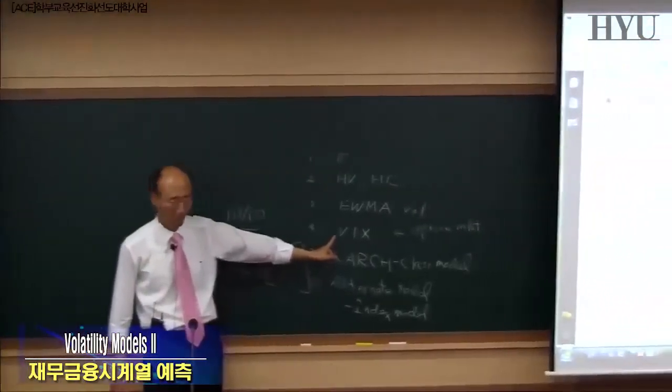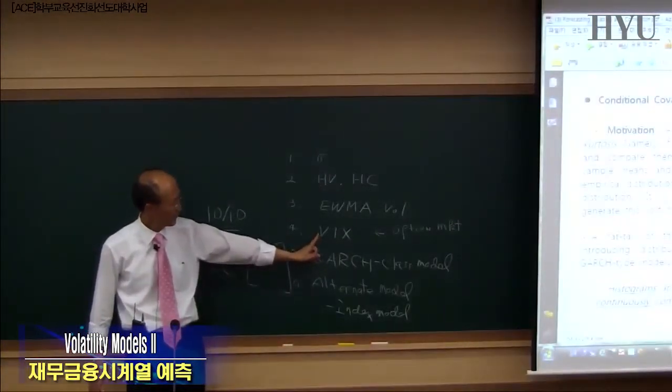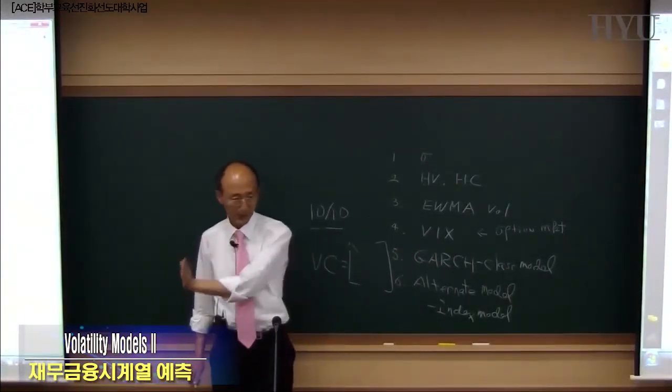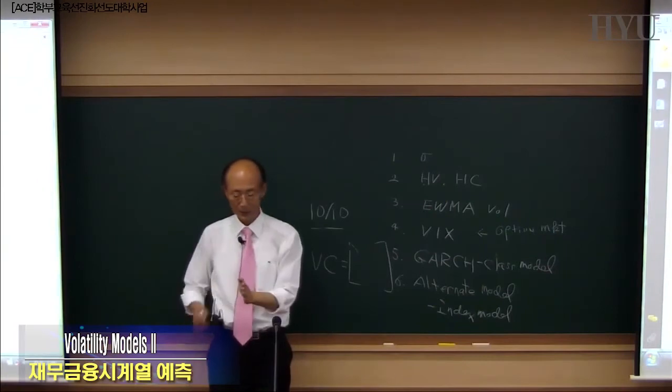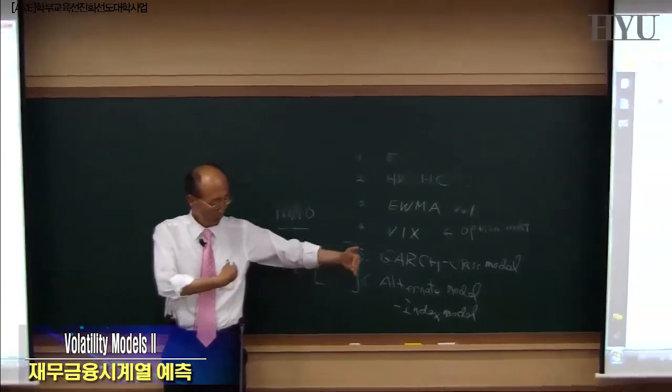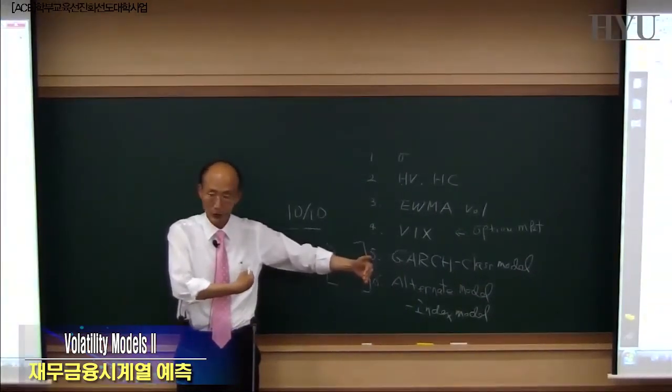Although we see the volatility index for today or yesterday, these numbers are not representing volatility today. It's representing average volatility over the next 22 trading days.